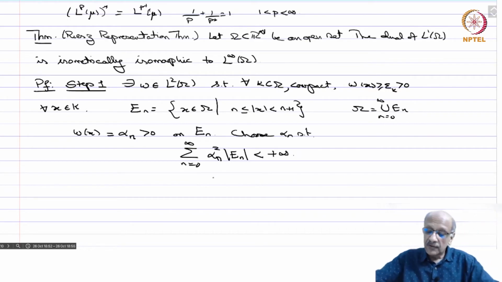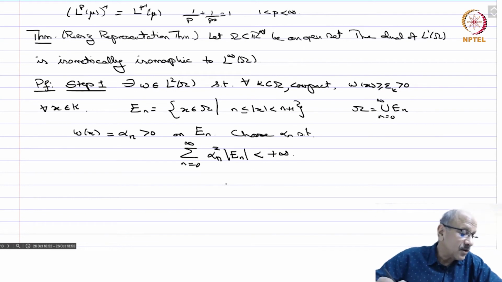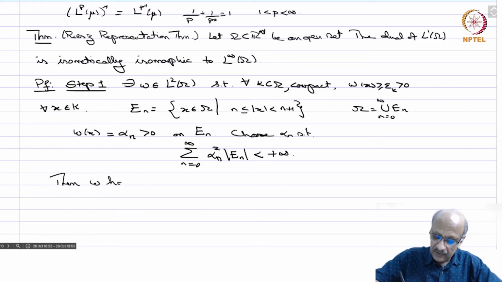So you know what the E_n are, you know their measure, so you then choose something like, for instance, alpha_n equal to 1/(n^2 |E_n|). That would give you something which is finite. Then W has the required properties.